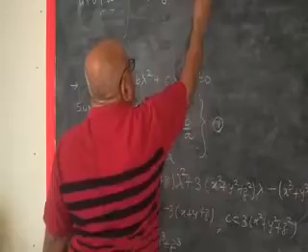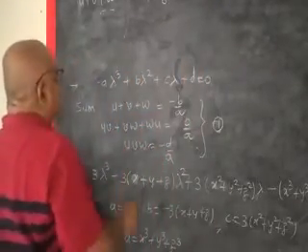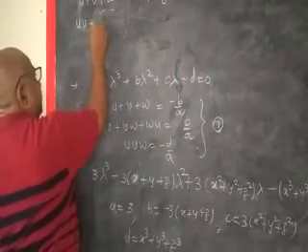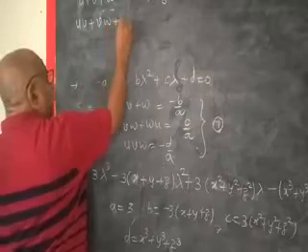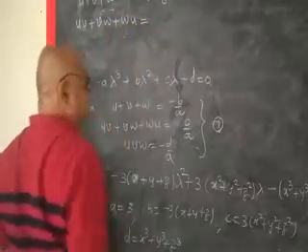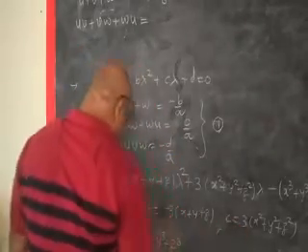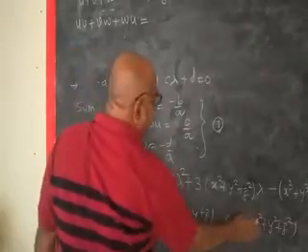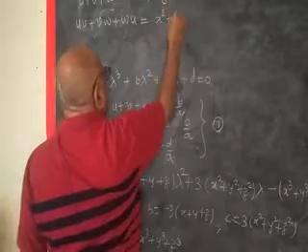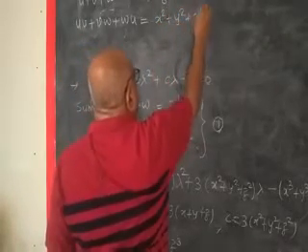Call this equation number 2. Similarly, uv plus vw plus wu equals c by a, therefore 3 by 3, so it is x squared plus y squared plus z squared.